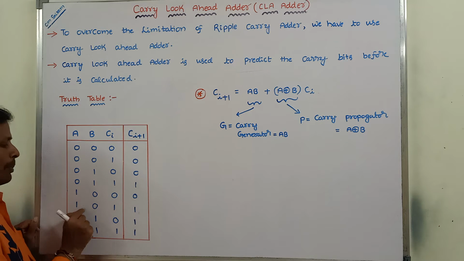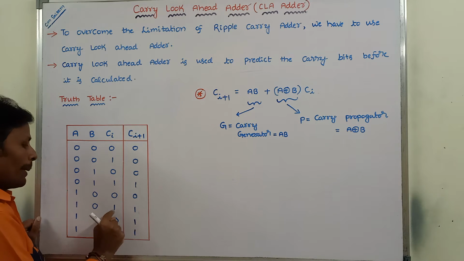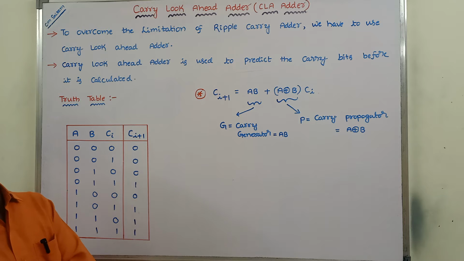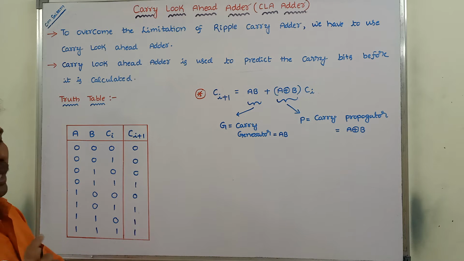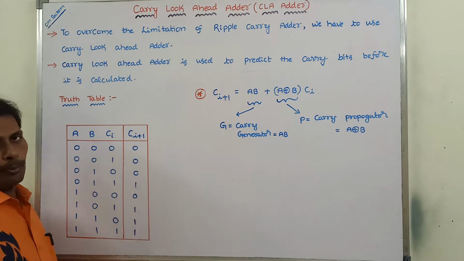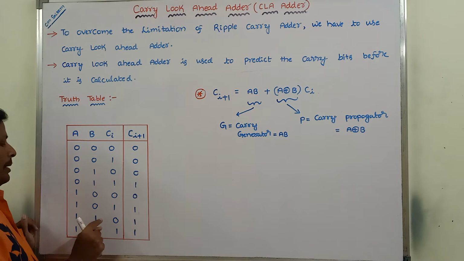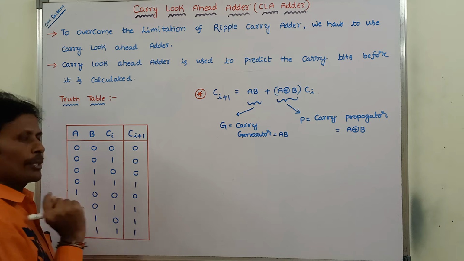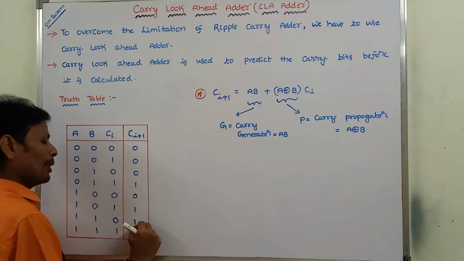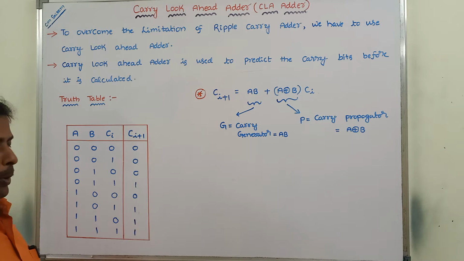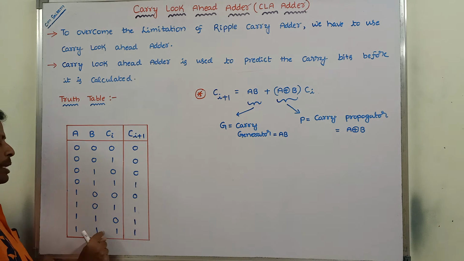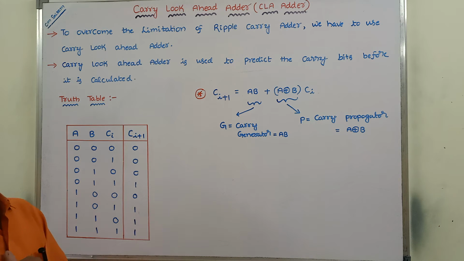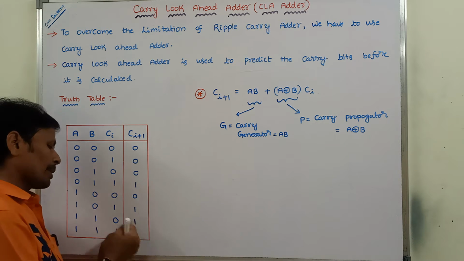Next, 1 plus 0 is 1, 1 plus 1 is 0 with carry 1, so sum value 0, carry value 1. Next, 1 plus 1 is 0 with carry 1, so carry value is 1, sum value is 0. Next, 1 plus 1 plus 1 is 1 with carry 1, so the carry value is 1.